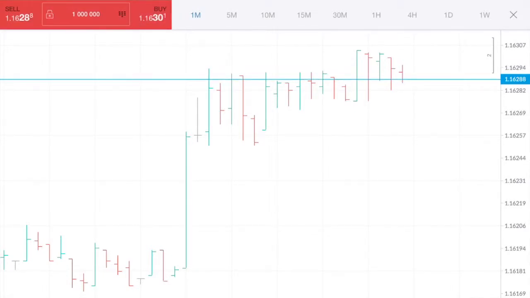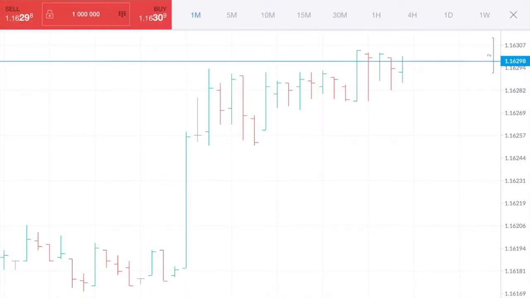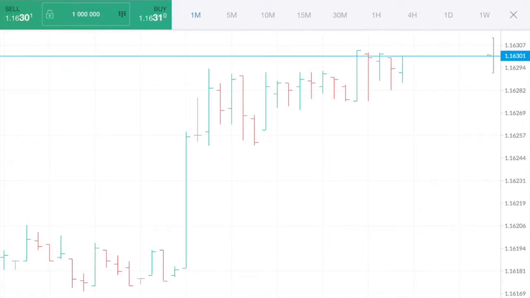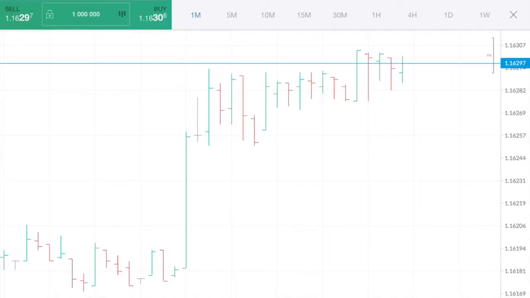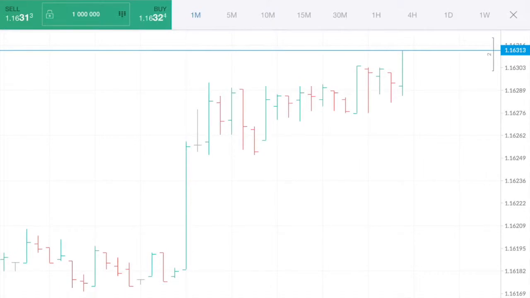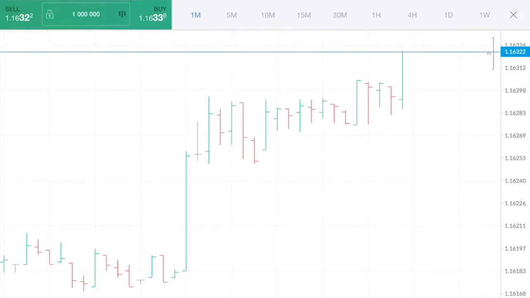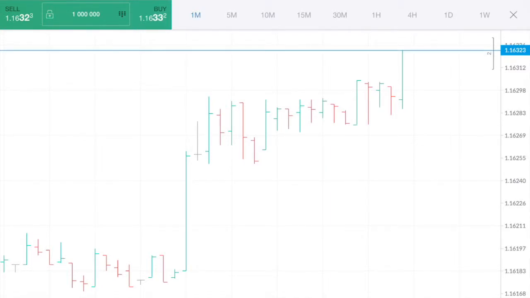Then what happens? Well, now it shoots up to 1.16301. So now that's the new high. And then it carries on going up, and then it even reaches 1.16323.